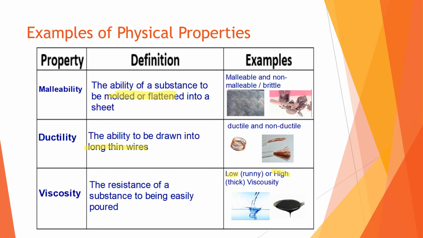Whereas if something has a high viscosity, there is a greater resistance to being poured. So an example of something that has a lower viscosity is something that's going to flow easily like water, whereas syrup is something that's more resistant to flowing, it's thicker, and it's not going to flow as easily.